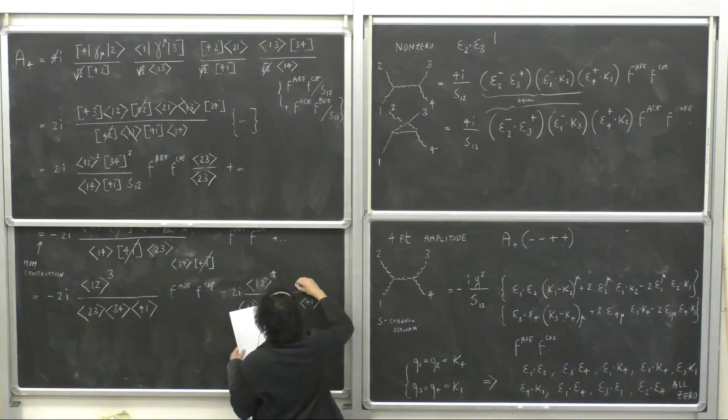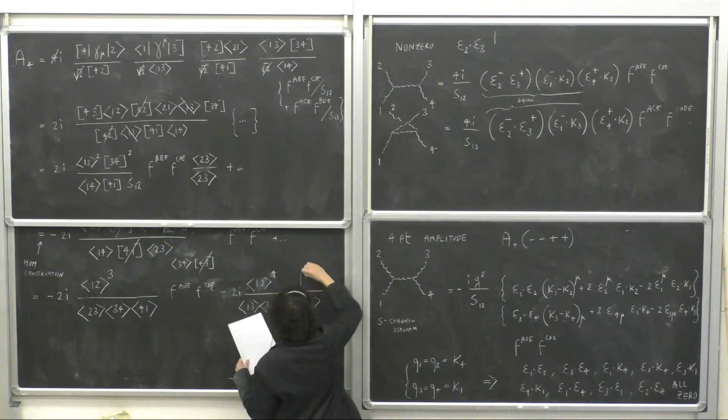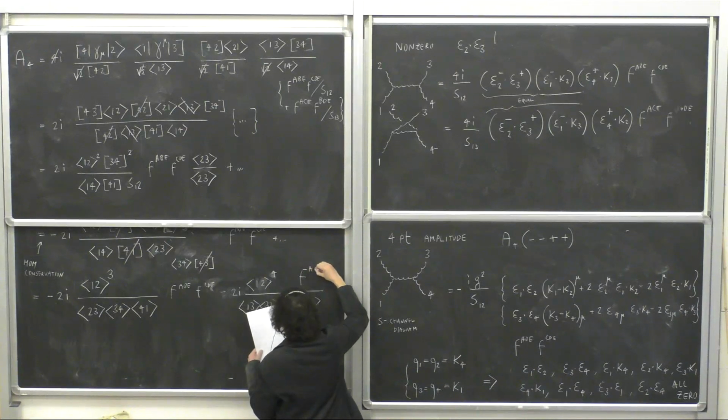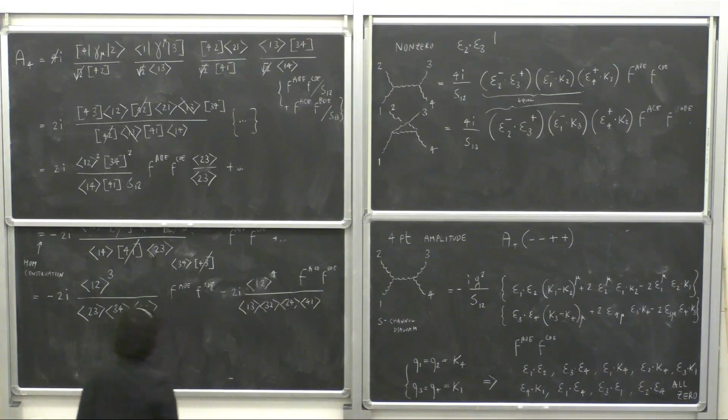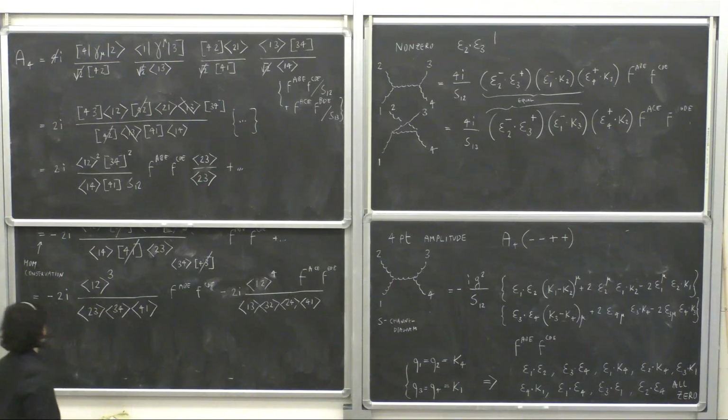And here we would have F^{ACE} F^{BDE}, with our structure constants. And you can see, of course, that these two terms look the same if I put an extra ⟨1 2⟩ in the denominator and I increase the power to 4.